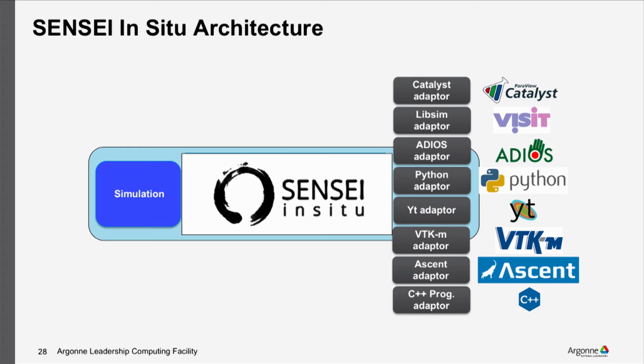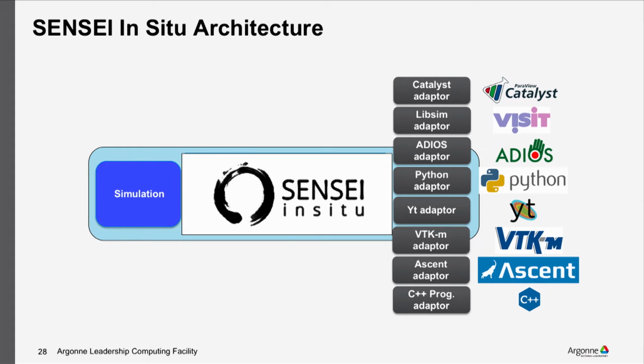So this is essentially a picture describing what the design looks like. Simulation on your left, SENSEI in the middle, gluing everything together. And on the right are the different backends, and it's a sample, in fact. Those are not all the backends that are supported, but those are the most important at this time.